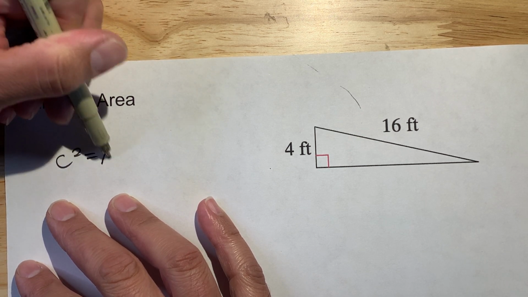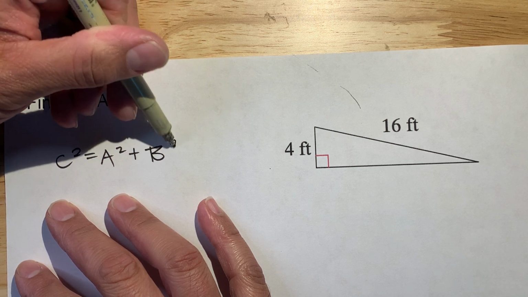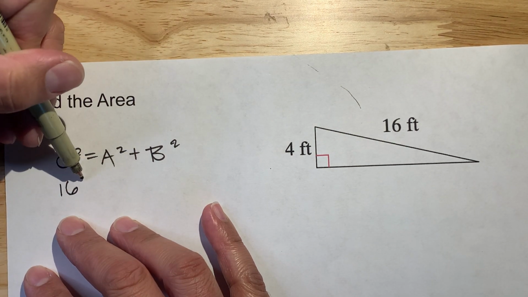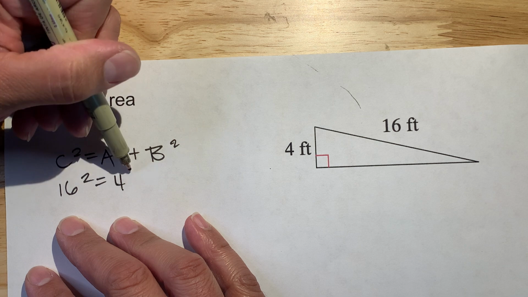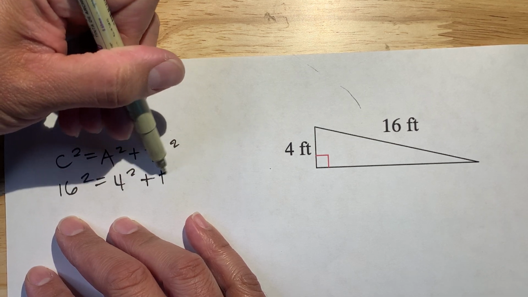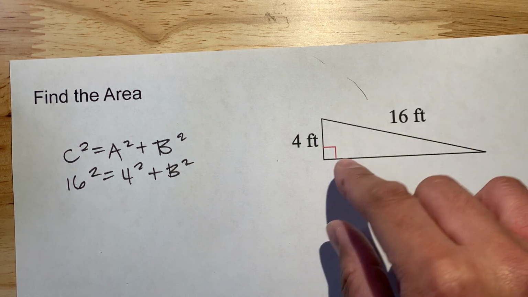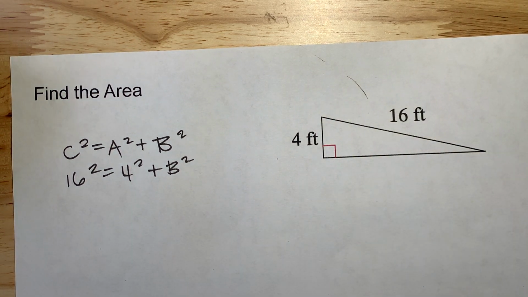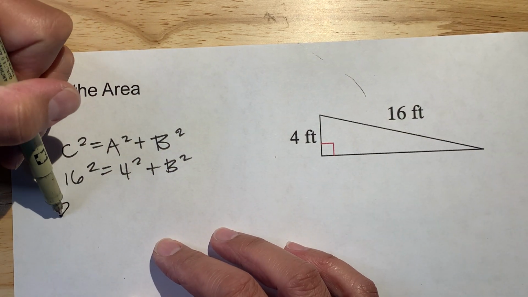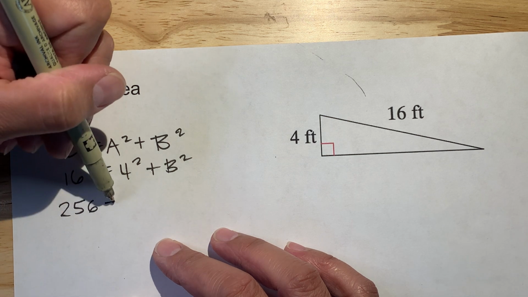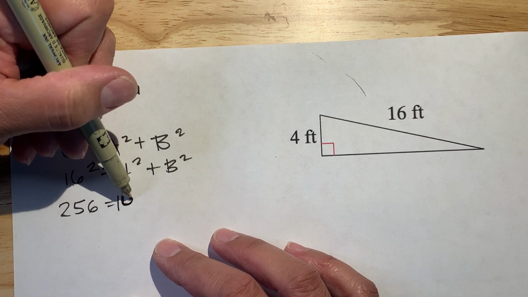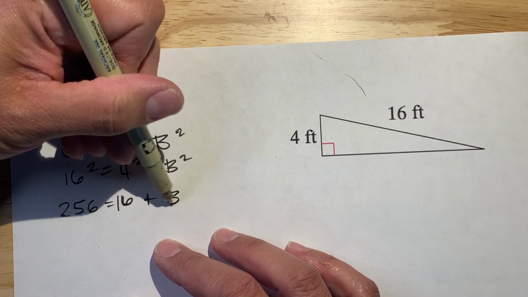So c squared equals a squared plus b squared. Our c squared is 16 squared. Our a is 4 squared plus our b squared, that missing side, the side that makes a square with the other side. That's what we're trying to find. 16 squared is 256 equals 16 plus b squared.